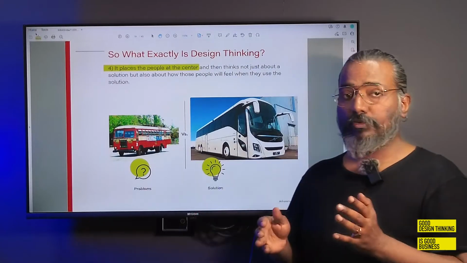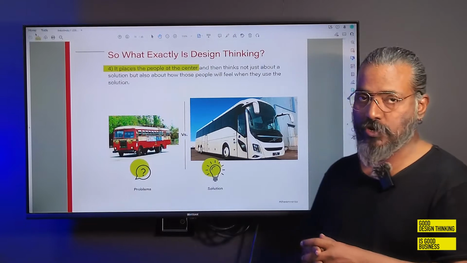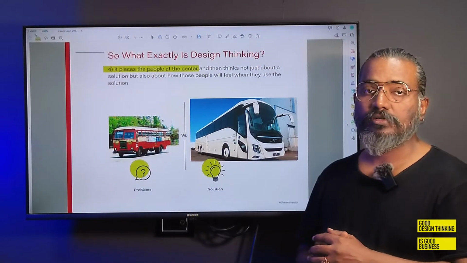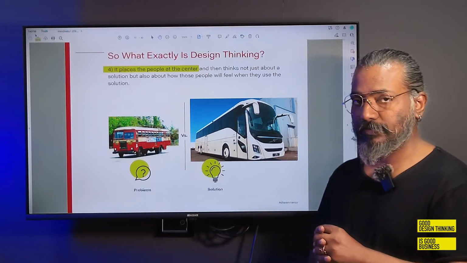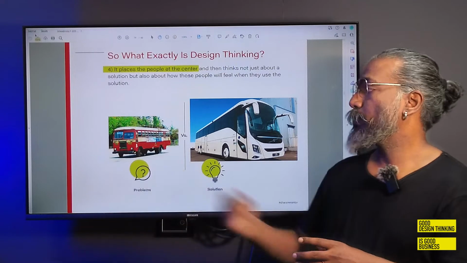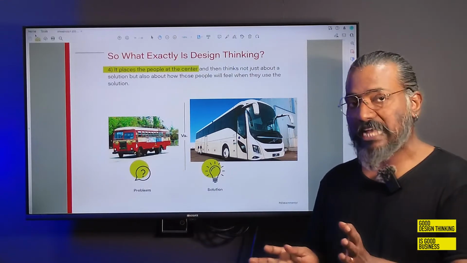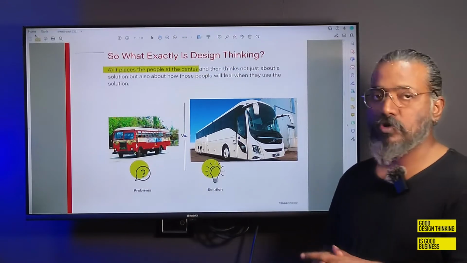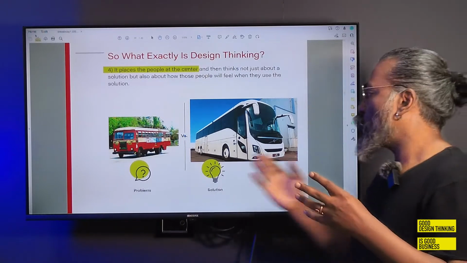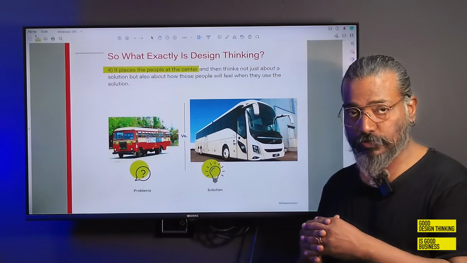So if you're traveling a longer journey, these buses are not quite comfortable. So the problem using these buses for a long journey is that they are not comfortable. Volvo, and nowadays many other brands, came up with a solution.